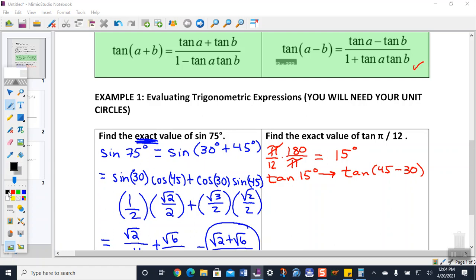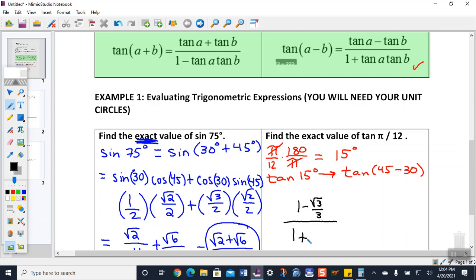1. So up top you're going to have a 1 minus, and then this is where things get goofy. Tangent of 30. Square root of 3 over 3. And then this is all over 1, and then plus, okay.